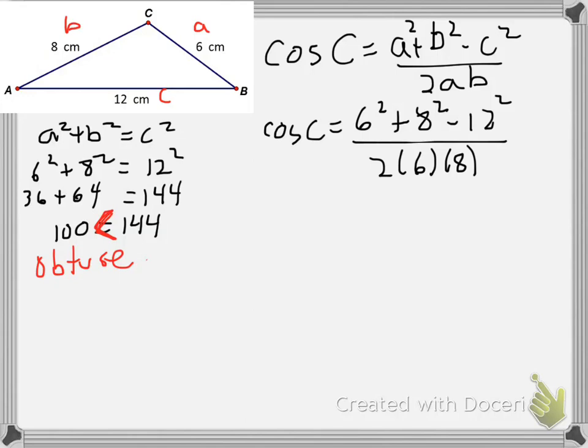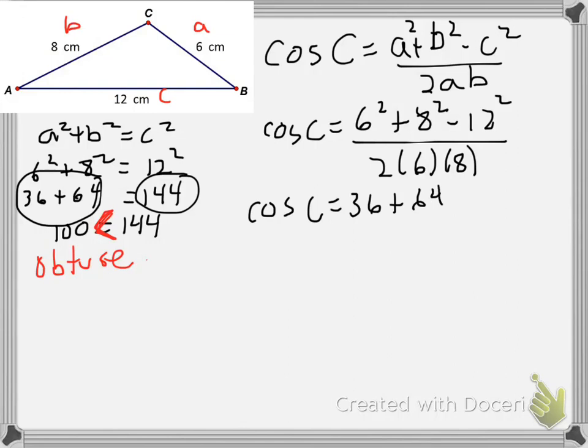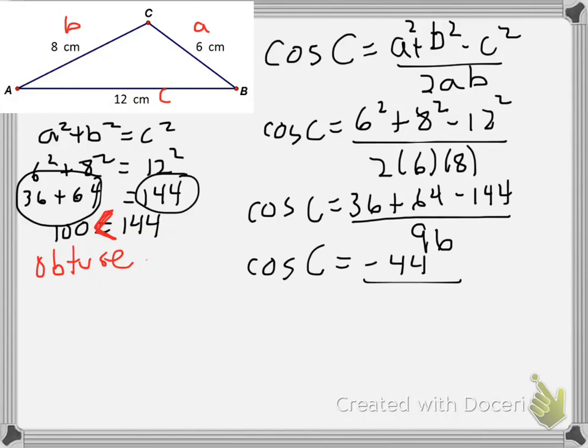Since we worked these numbers out over here, we know them really quickly, although they're not hard to do. 36 plus 64 minus 144 over 2 times 6 is 12, 12 times 8 is 96. If we simplify the top, we get negative 44 over 96.